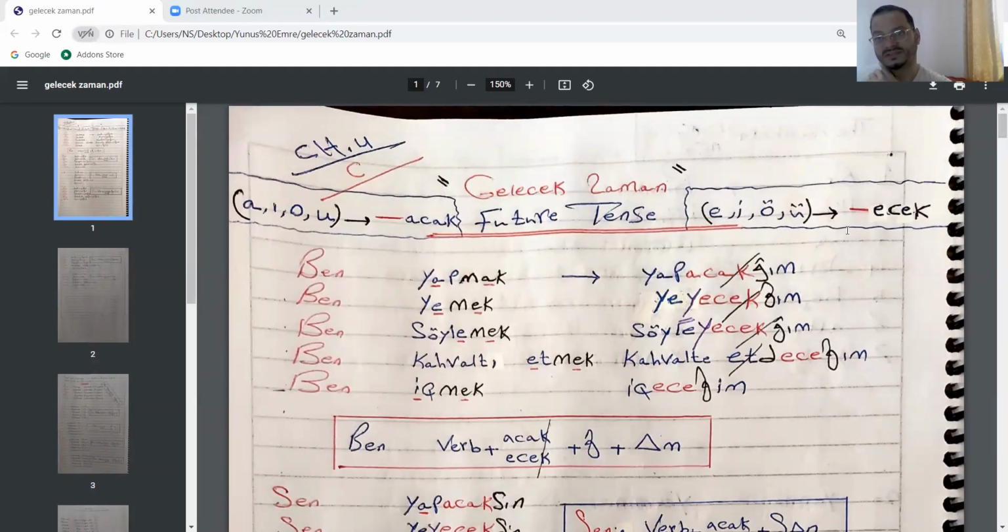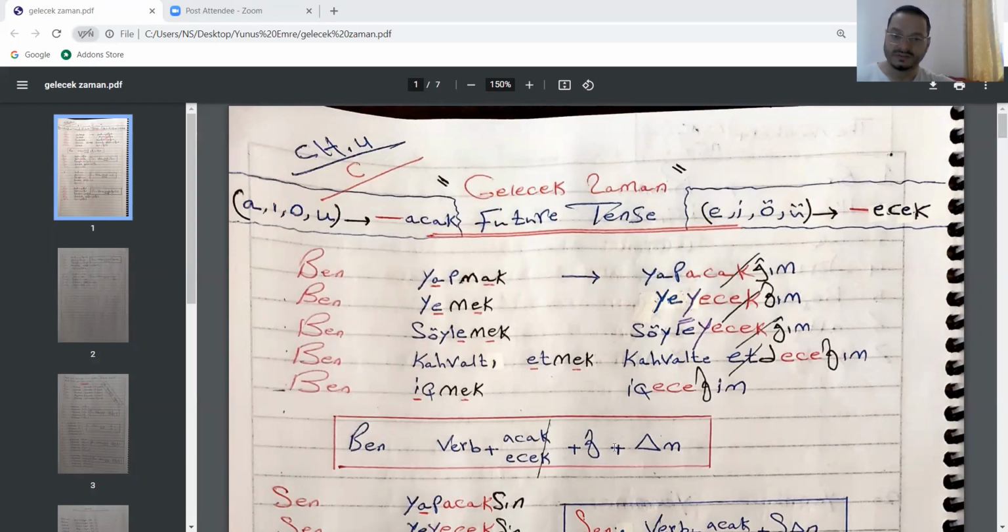After that, we put the appropriate verb to be related with our pronoun. So the form is: the base form of the verb, plus ajak or ejek, plus delta m, because we're talking about ben.